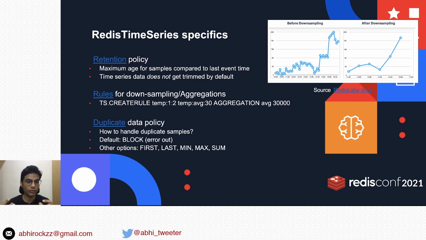For example, if you were to configure first as your duplicate data policy, what you're saying is, hey, just ignore the new value and keep the first value corresponding to that timestamp. When you configure, say, last, you're saying, hey, keep the current value and ignore the earlier one. And the same goes for things like min, max, and sum.